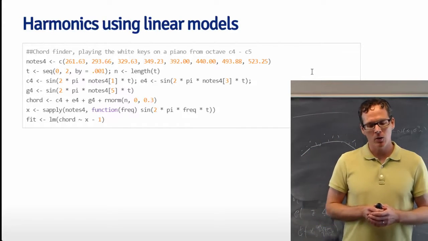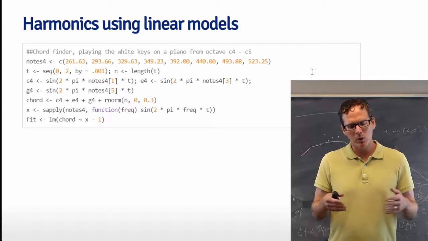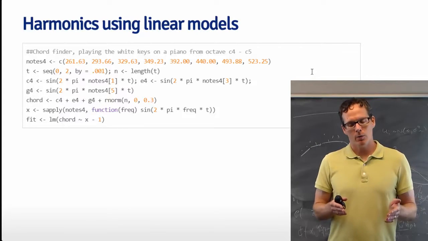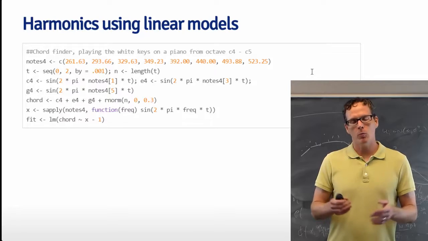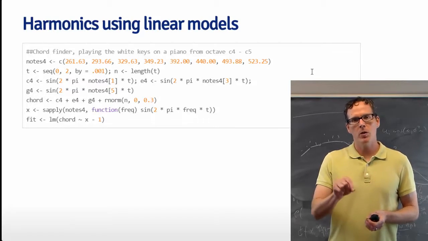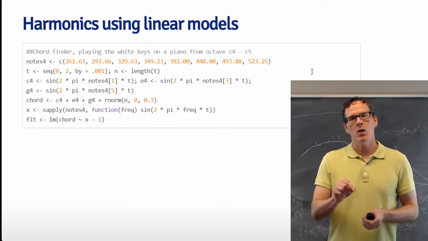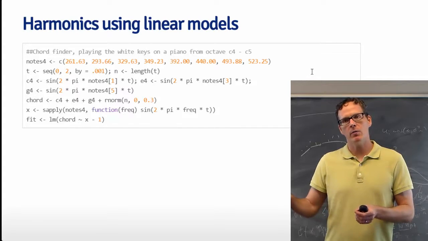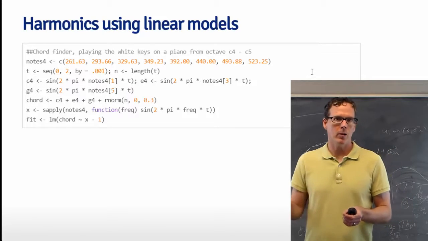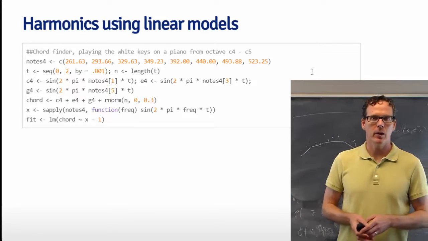So here I generated the data, but I got the frequencies for the various notes off a web page. These are the frequencies if you start on the middle C key on a piano and go up 1 octave to the C key again. That's probably maybe the most important part of the piano.